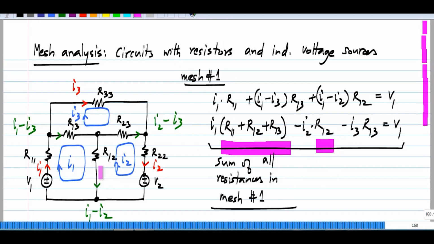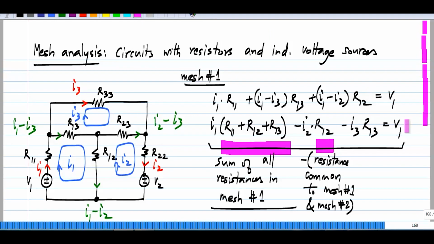And what is this R12? You can see that that is the boundary between mesh 1 and mesh 2, or R12 belongs to both mesh 1 and mesh 2. So the coefficient of I2 will be the negative of the resistance common to mesh 1 and mesh 2.